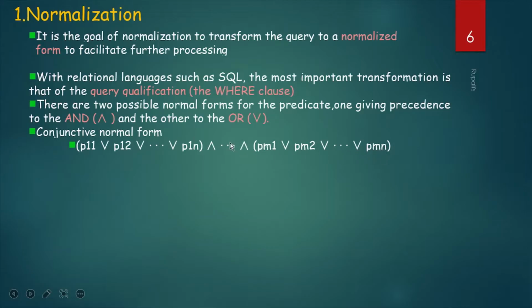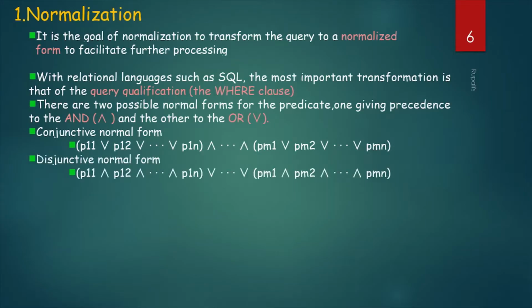I want to say that when I give one example, this will be more clear for you. Another form is disjunctive normal form. In this way, you have to write just the opposite of conjunctive normal form. Here P11 and P12 and in this way P1n. Here after closing the bracket it is OR. Again here it is PM1 and PM2 in this way.